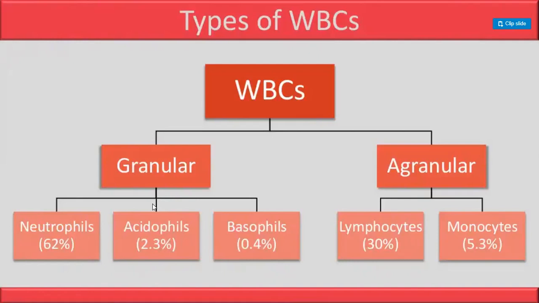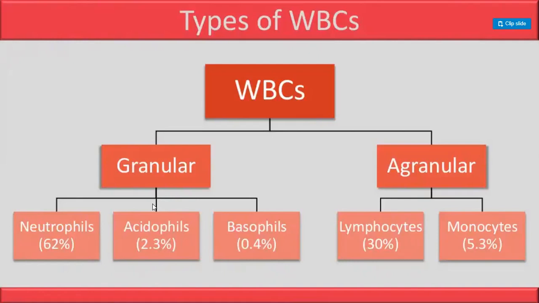And then the other group of white blood cells are called the agranular leukocytes, or agranulocytes. From the name agranulocyte, it means that they do not have granules in their cytoplasm, unlike the granulocytes.